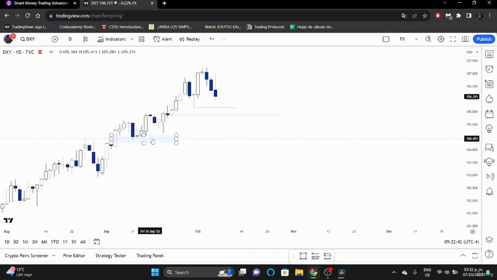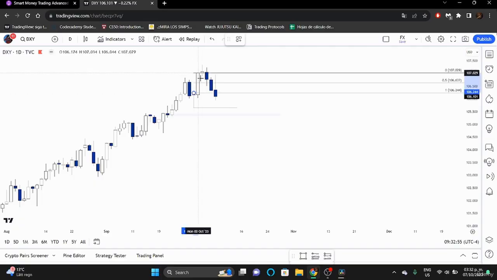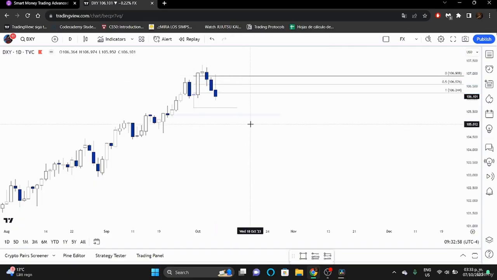It's something normal. And price can trade through and completely fill it. But when we have a huge imbalance, for example, this one, we do not want to see the price on a closing basis trade through 50%.